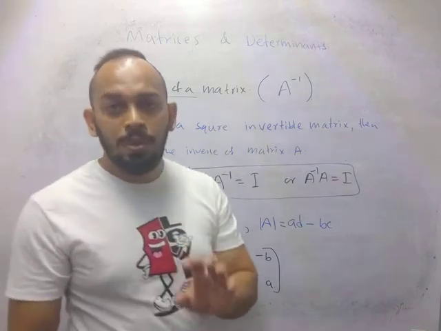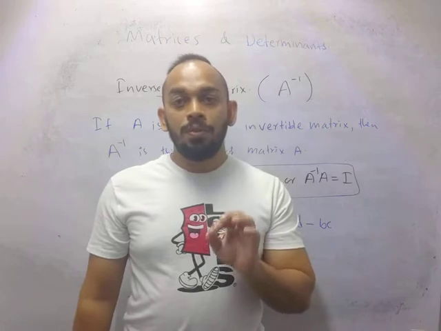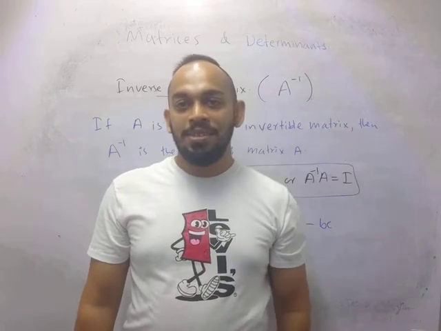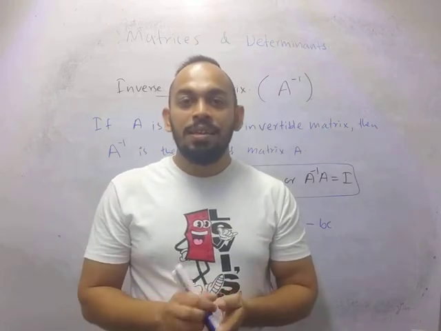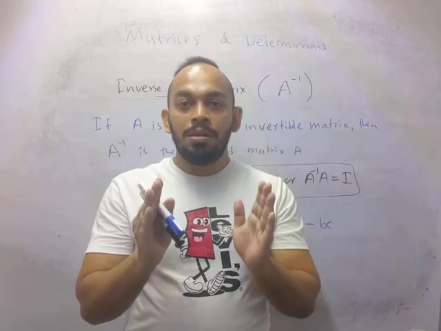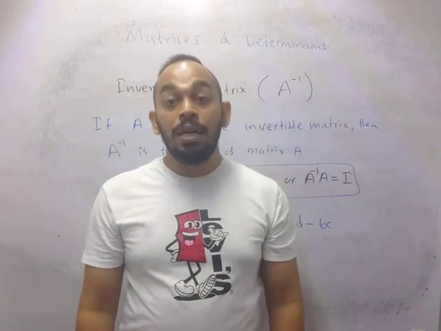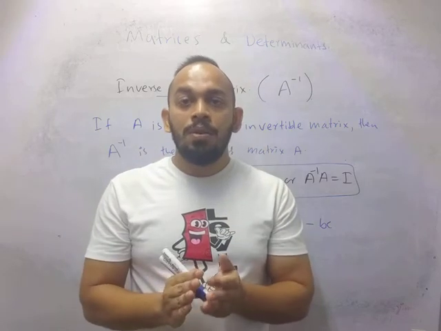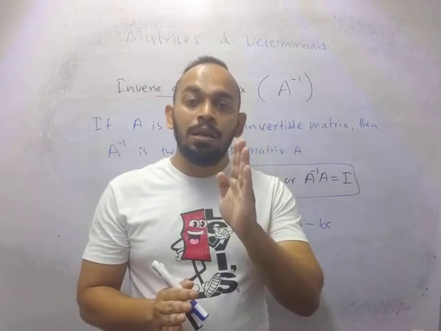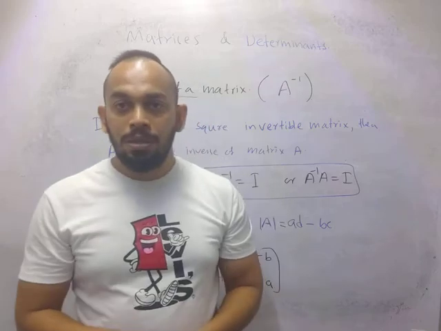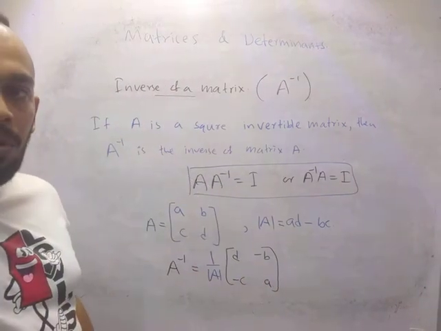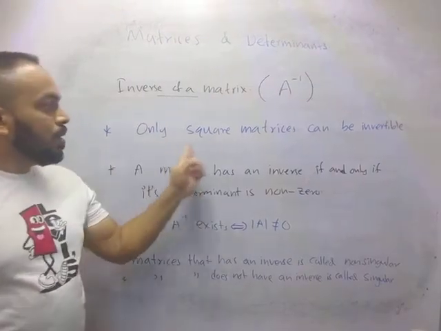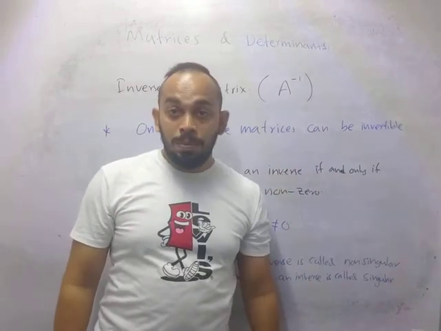Now notice here you have a division by a number, so you have to make sure that the determinant of the matrix is not equal to 0. That's the only thing. All square matrices do not have inverses. Those that have an inverse will have a non-zero determinant. So let's put a note on that: only square matrices can be invertible.